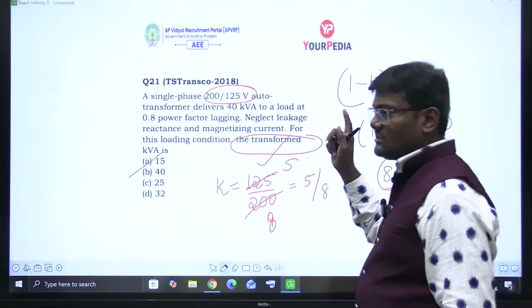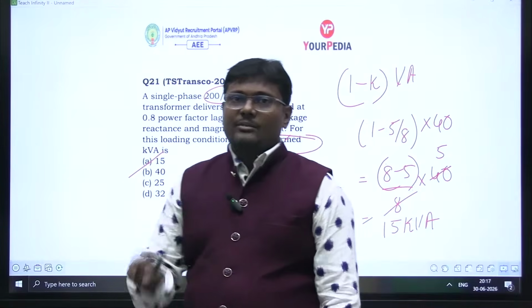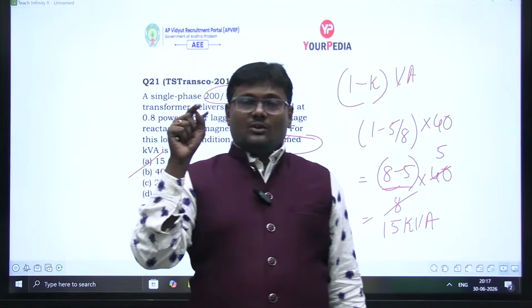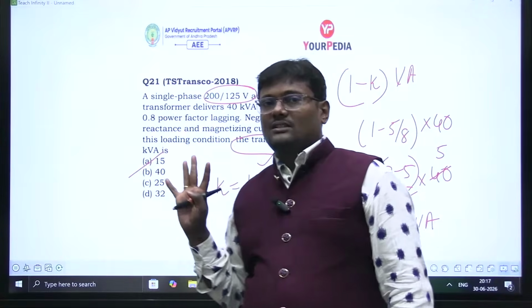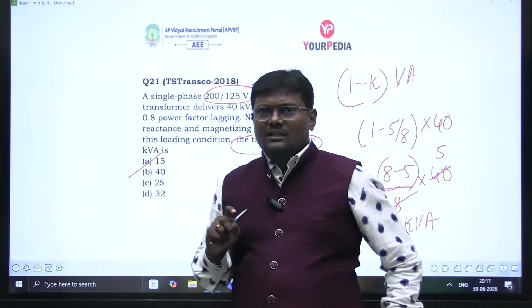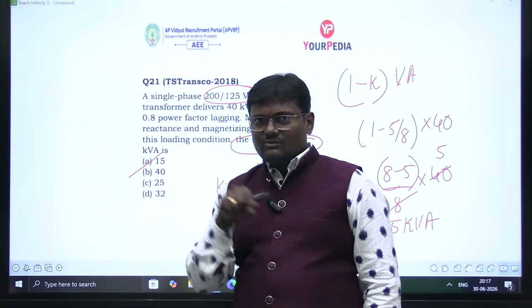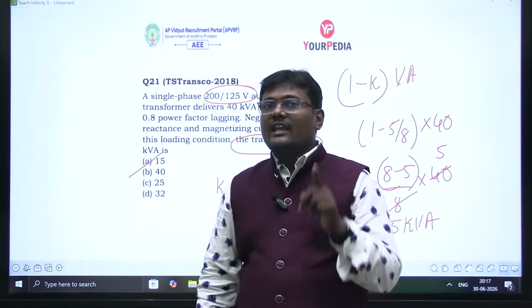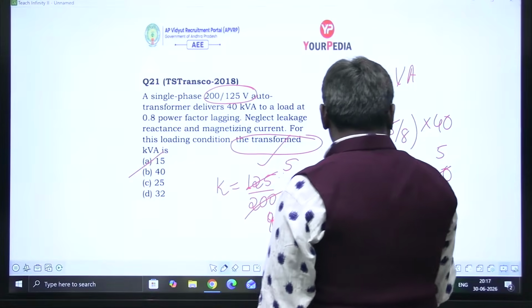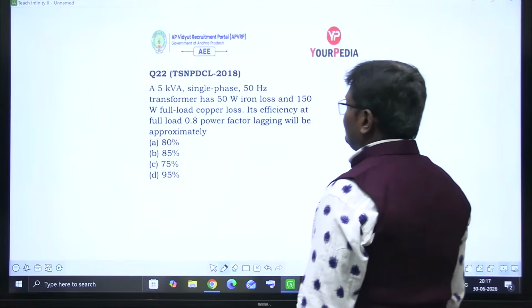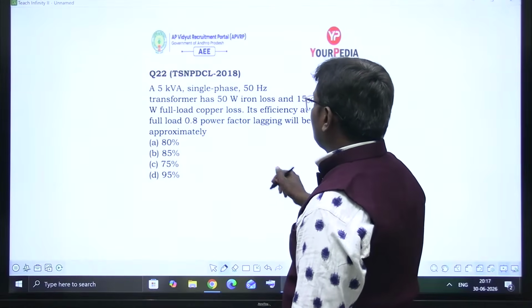So it depends on the formula. You have to check whether it is a step down or step up. Step down formulas you can write in one page. And where K is replaced with 1 by K, that is called the step up auto transformer.